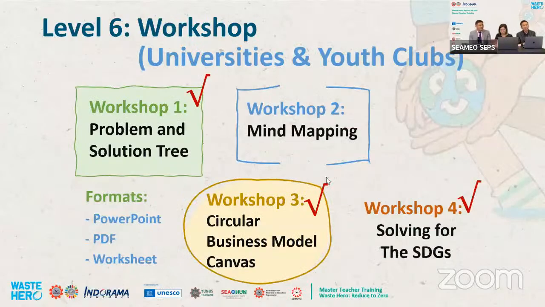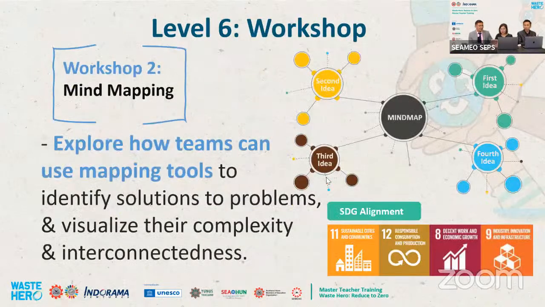Okay, everybody, creating problem and solution trees can also be applied to another kind of map, which is mind mapping in workshop 2. The mind mapping could support students to identify solutions or problems too, and also visualize their complexity and the interconnectedness.